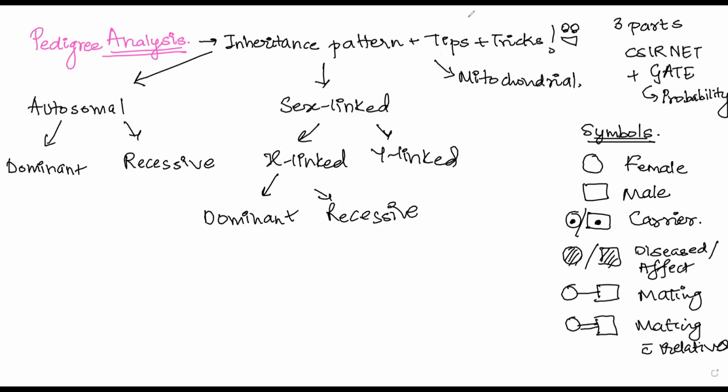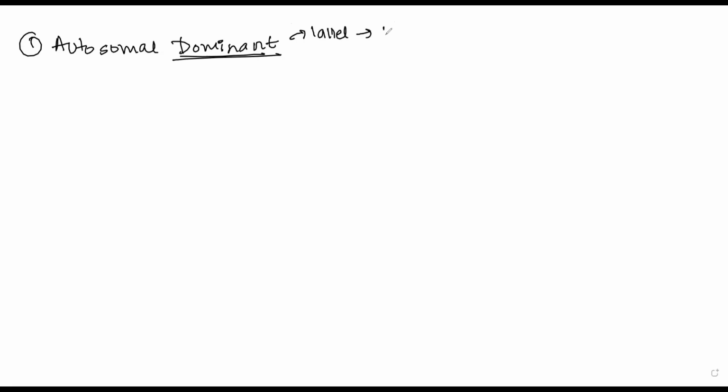Next, let us focus on the autosomal dominant. We'll go one by one. So first, let us see the autosomal dominant pattern of inheritance. Since the trait is dominant, even one allele will lead to the expression of that particular gene. Correct?